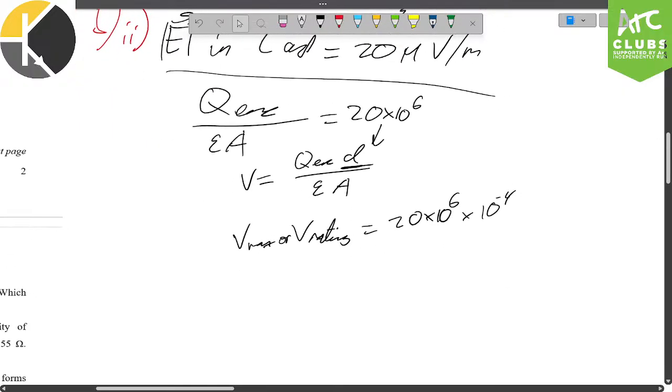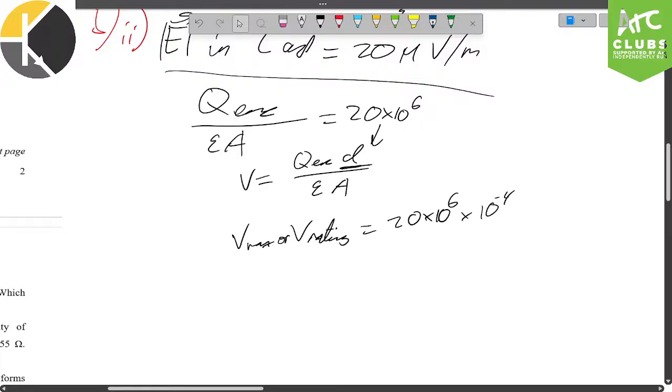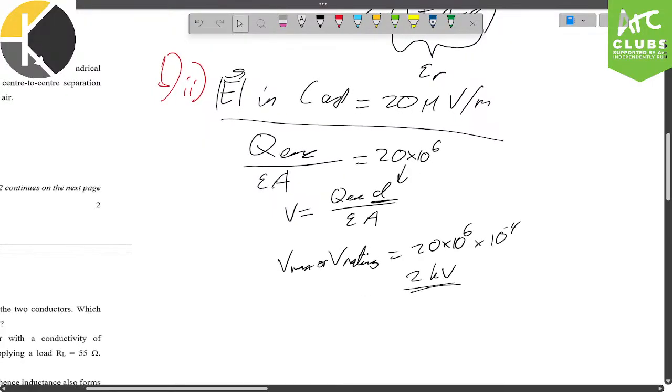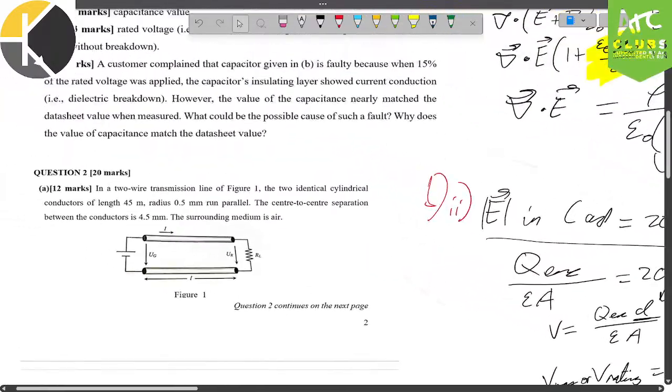And so by supplying it with 2000 volts, I achieve breakdown and it blows up. All right, how do we feel about that? Yeah, good stuff. Let's keep it moving.